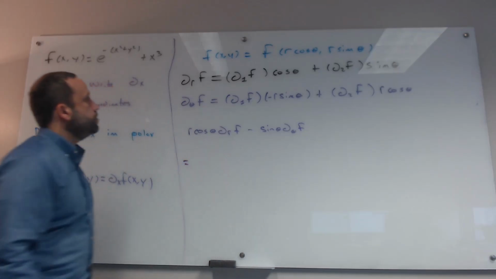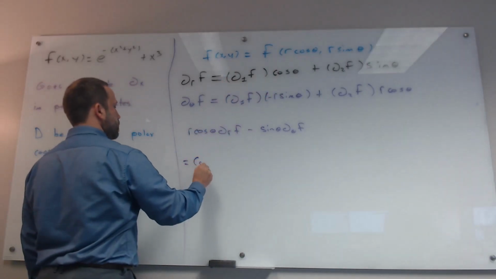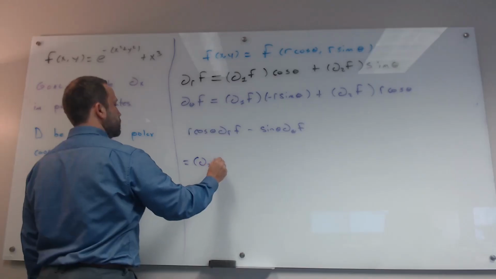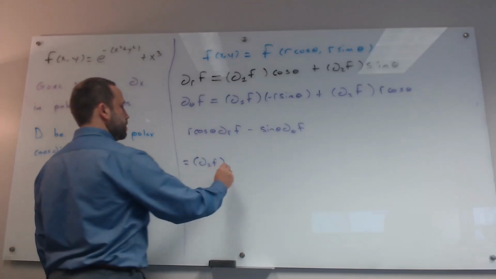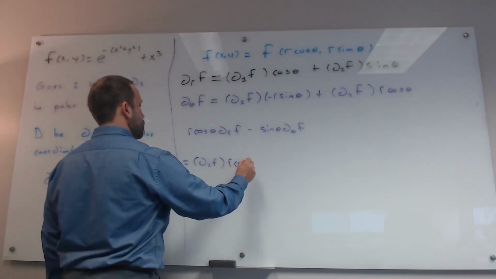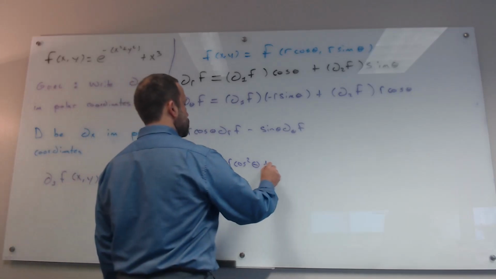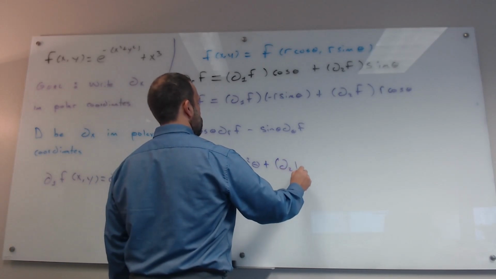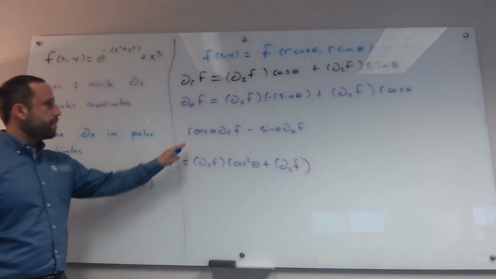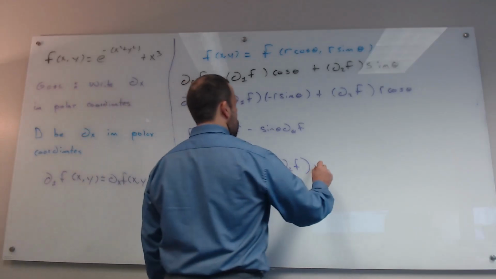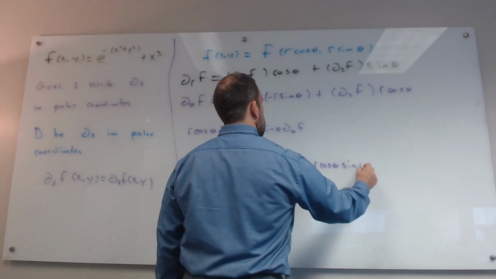Okay, so when I do this, for the first thing, I'm going to get the partial 1 derivative times r cosine squared theta. Then it's going to be plus the partial 2 derivative times, I'm multiplying it by r cosine theta, so it's going to be r cosine theta sine theta.